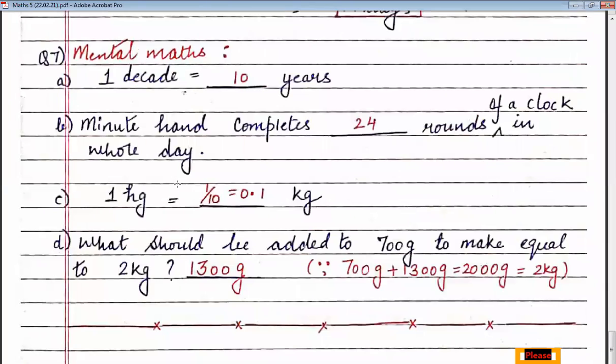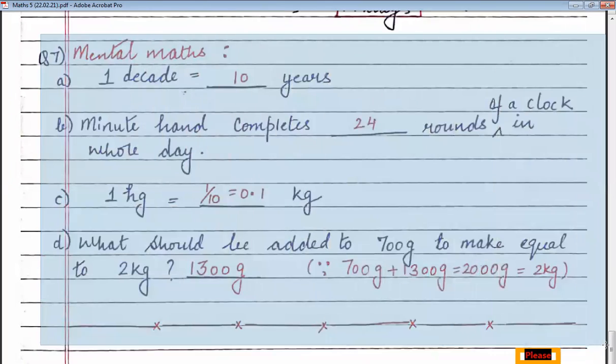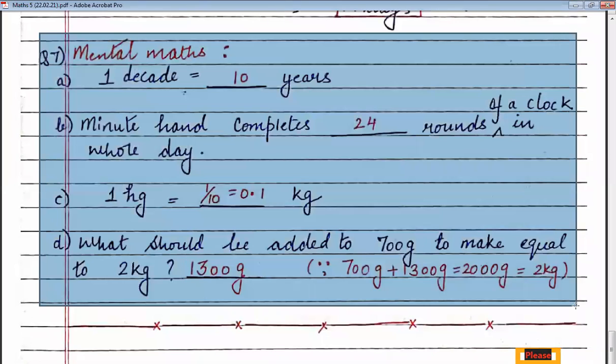Now let us discuss our mental maths. We have to just discuss this quickly. Now children, in this, 1 decade is equal to 10 years. Decade means 10 years. B part, minute hand completes 24 rounds of a clock in whole day.